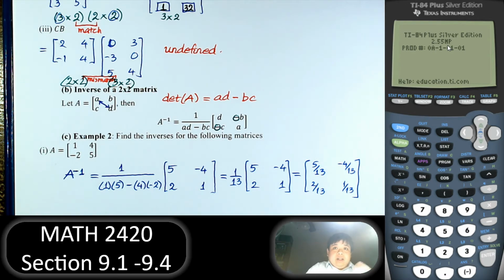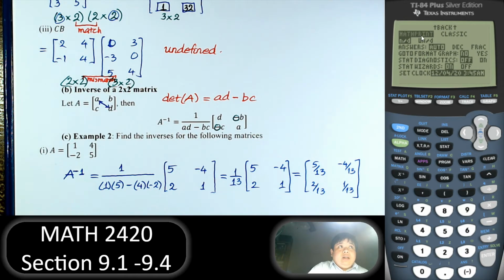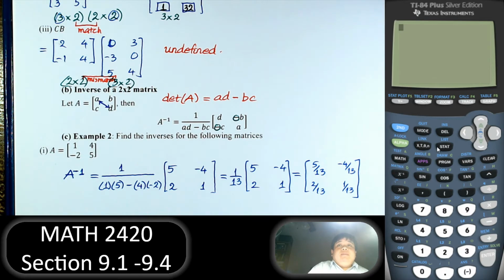In that case, we can do a lot of calculation with that. Hit mode and go down and make sure that it is in the math print, not the classic print. That will be better. When we're done, just second mode to quit.